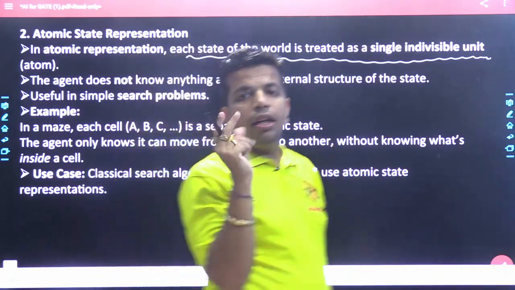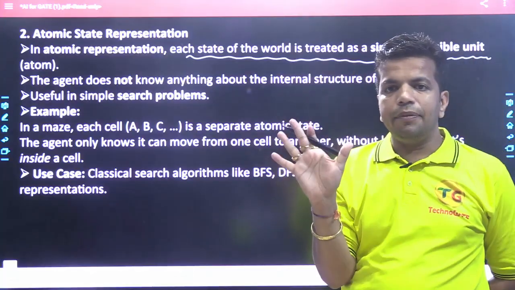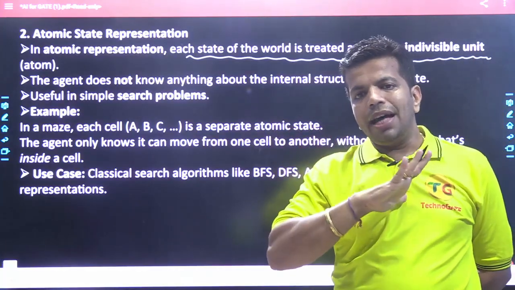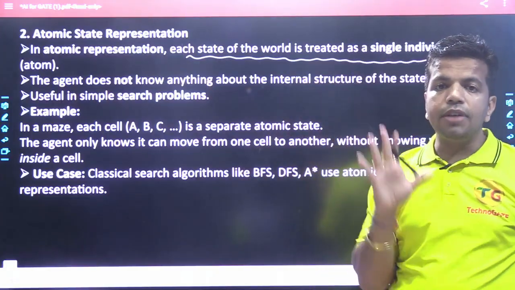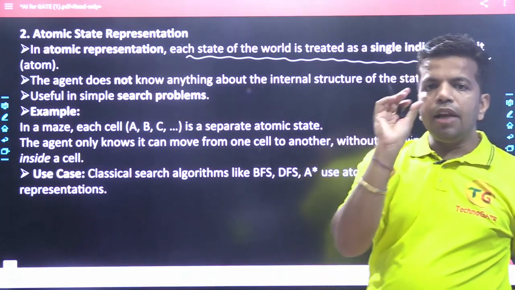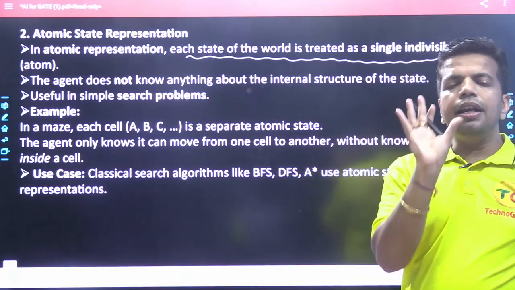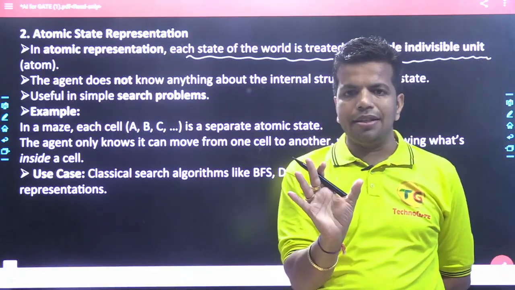The agent does not know anything about the internal structure of a state. Each state is treated as a single individual entity, an atom, which means we can't break that state.